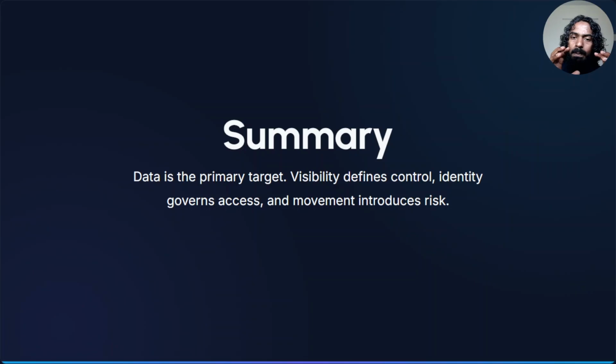Attackers don't break in just to access your servers or your databases, right? They break in to extract the value out of it, and that value is always your data. So the real question is not, are our systems secure? It's actually, do we understand our data and do we control our data? Because if the answer is no, everything else is just surface level security.